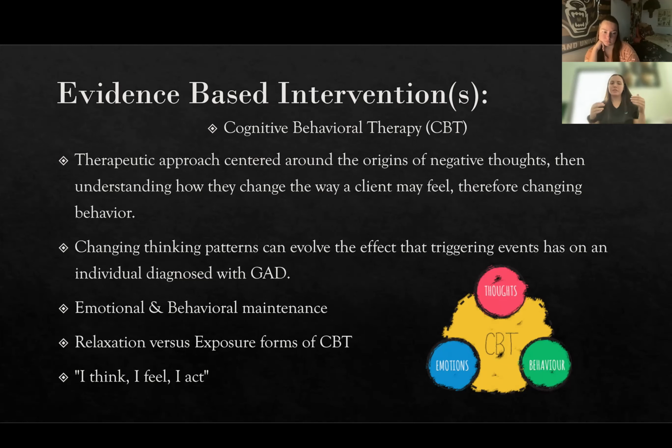This is more breathing, muscle relaxation, meditation, all very physical, but obviously has an impact on your thinking. Now, versus the exposure form of cognitive behavioral therapy, it actually exposes a patient to what they're afraid of, which is a little more hands-on and can be very anxiety provoking for someone that has generalized anxiety disorder.